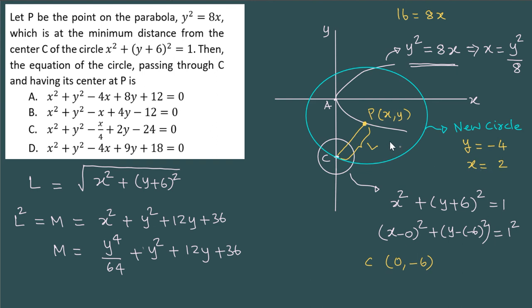So the coordinates of the point P are x equal to 2 and y equal to minus 4. So once we know the coordinates of P, all we have to do is get the radius PC. Then we can use this data to get the equation of that blue circle.